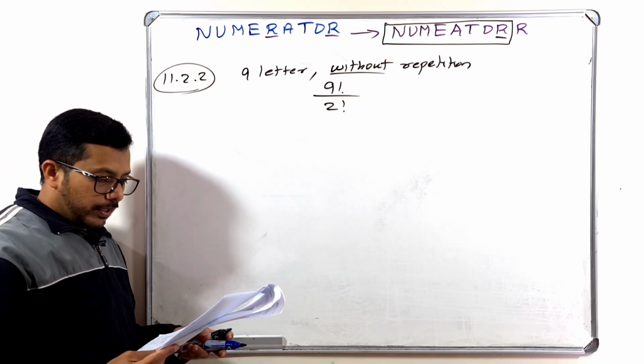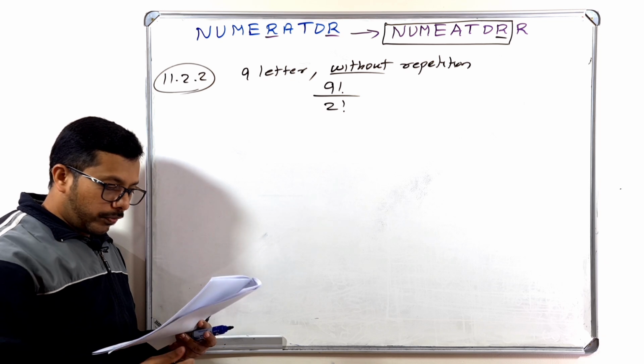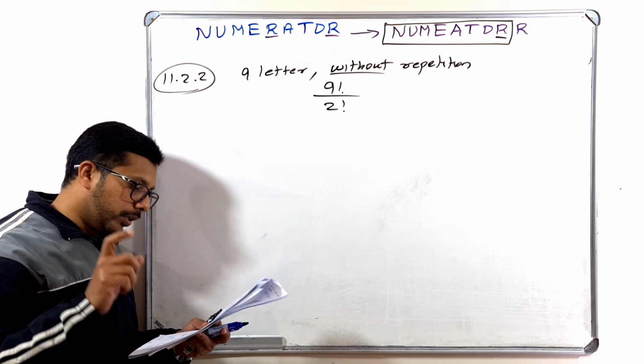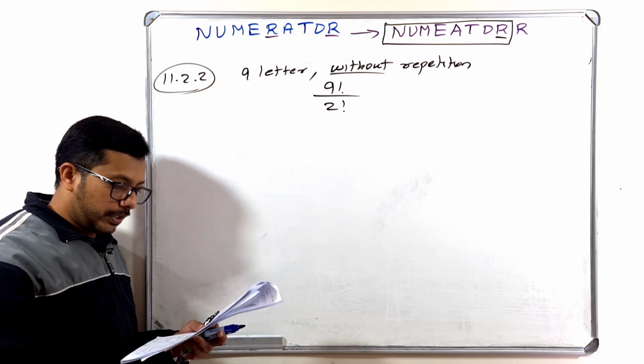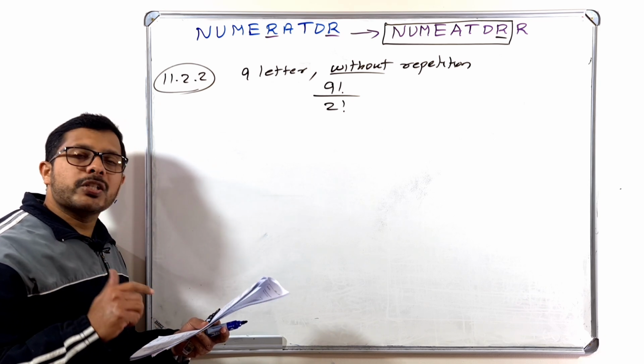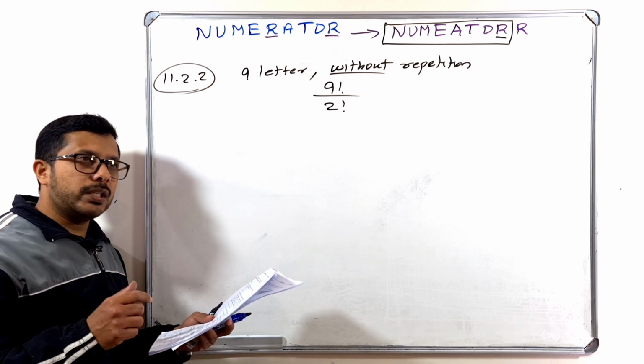How many 9-letter word arrangements can be formed if all 4 vowels are never together and repetition of the letters is not allowed? It's easy when you have a question like this.